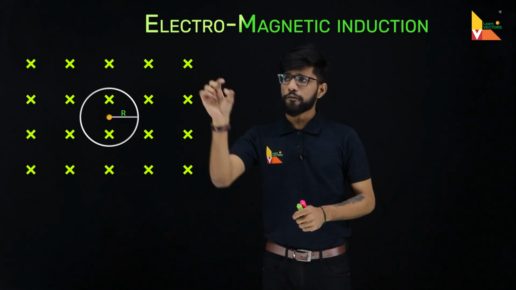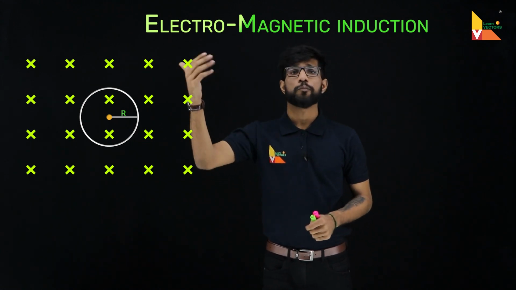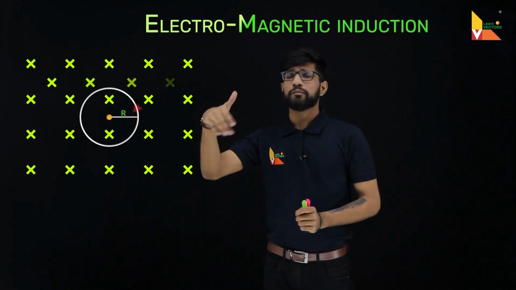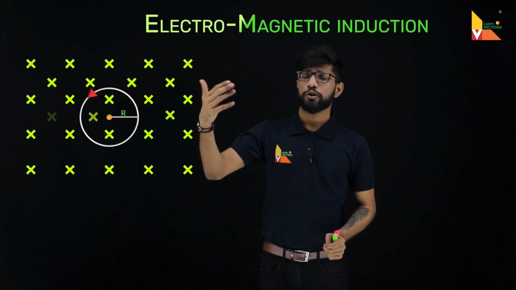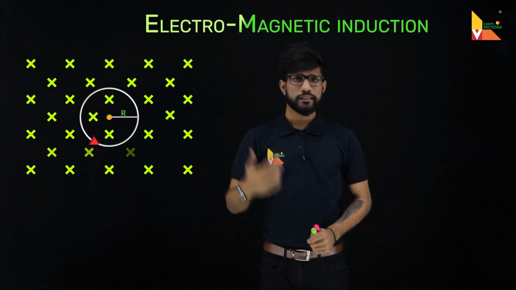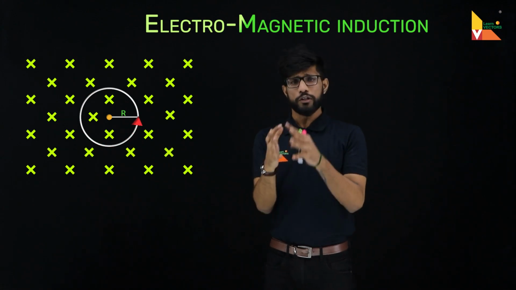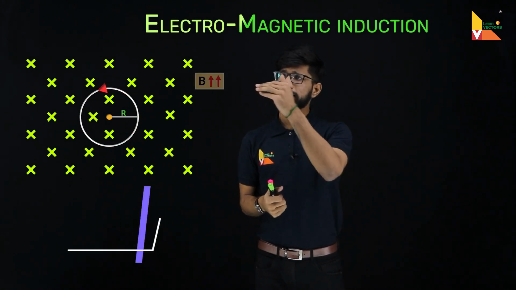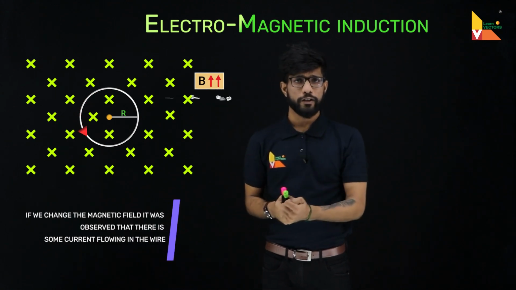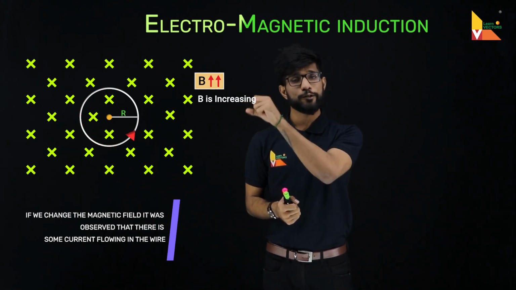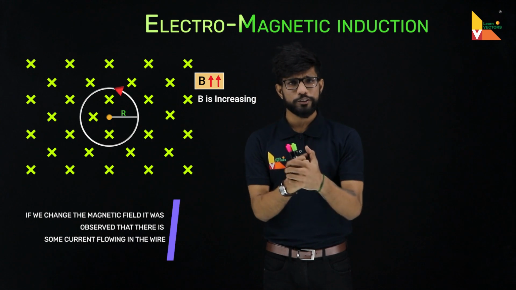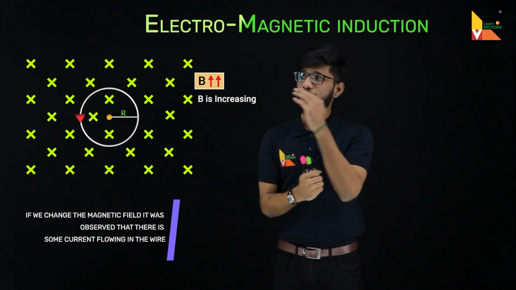But if I change the value of magnetic field, increasing or decreasing it, it was observed that there was some current induced in the loop. The question was, how is that current induced?